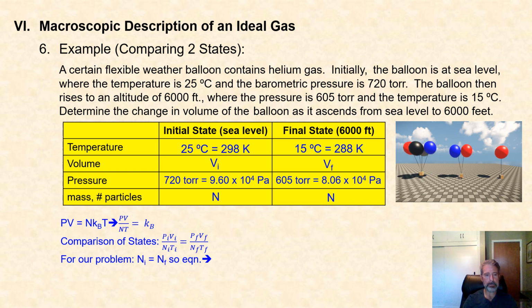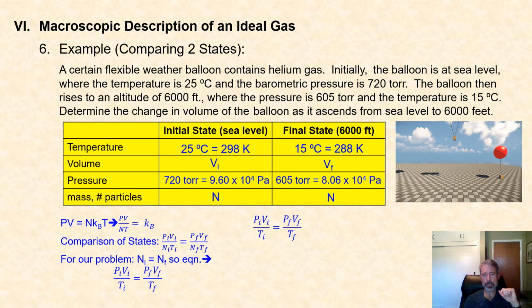For our problem, the number of particles of gas doesn't change. It's a closed system, so that will cancel out from both sides of the equation. So we can write it like this. Sometimes this is called the combined gas law, where we have a fixed amount of gas, so that the amount of gas is no longer a variable in the problem, just the pressure, volume, and temperature.